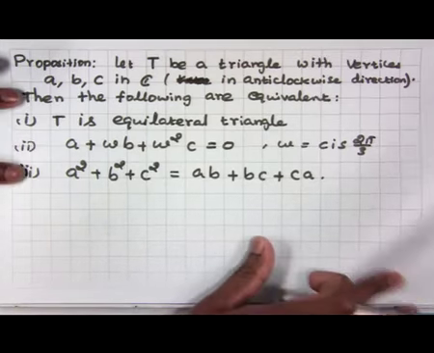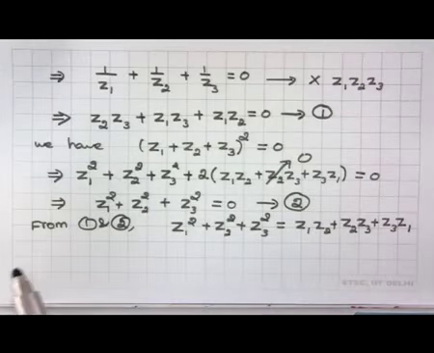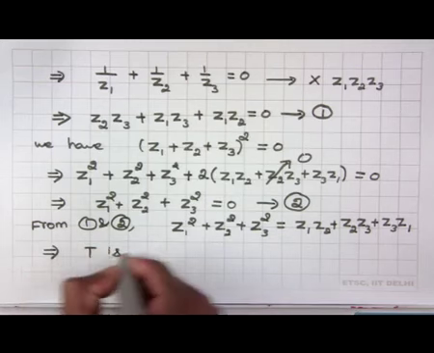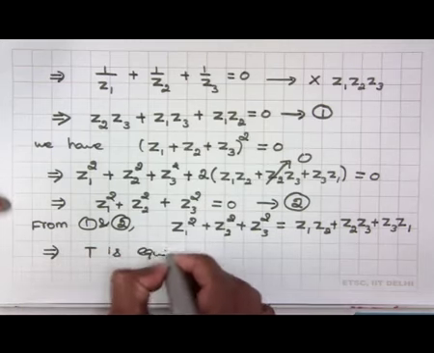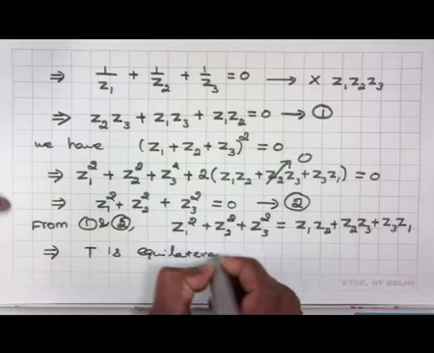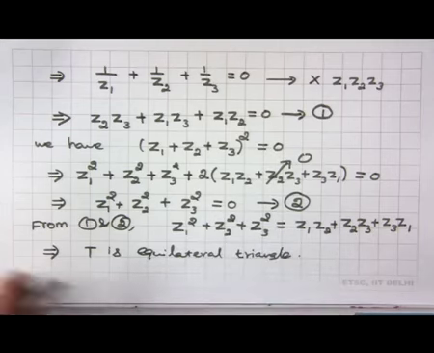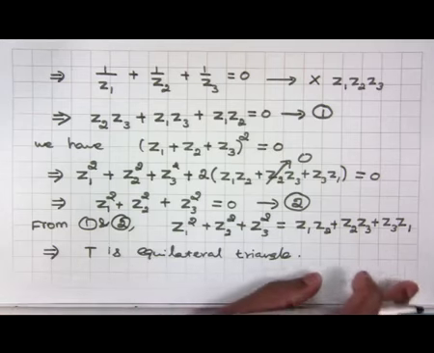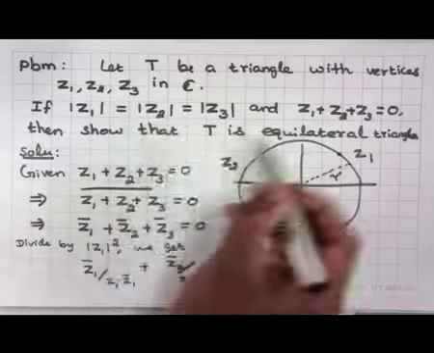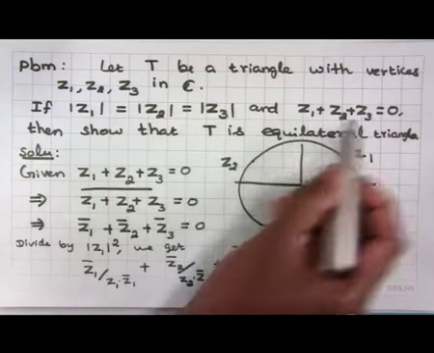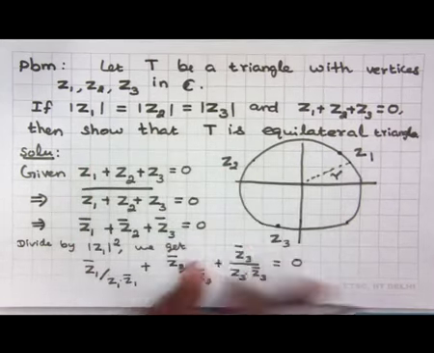From this result we get that T is an equilateral triangle. Hence, we have proved the given problem: if Z1, Z2, Z3 satisfy these conditions, then it is an equilateral triangle.